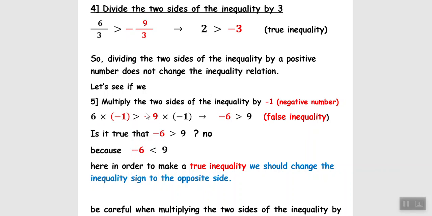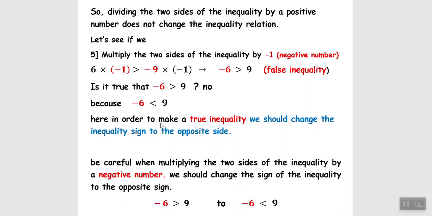The right side, negative 9 by negative 1, negative by negative equals positive, so it will lead to 9. Is it true that negative 6 is more than 9? No. Negative 6 is a negative number and 9 is a positive number. No, this is a false inequality.